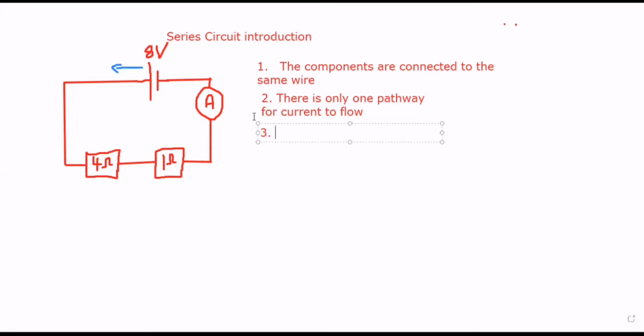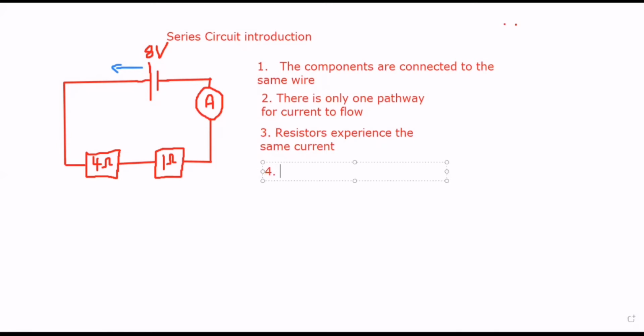Since there's only one pathway for current to flow, all the components that are connected to that wire will experience the same current. Remember, the components are connected to the same wire, one pathway for current. Therefore, the resistors must experience the same current.